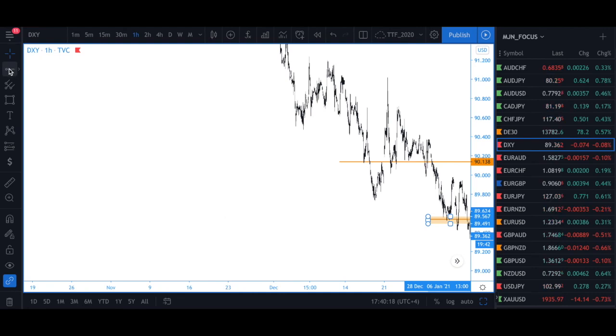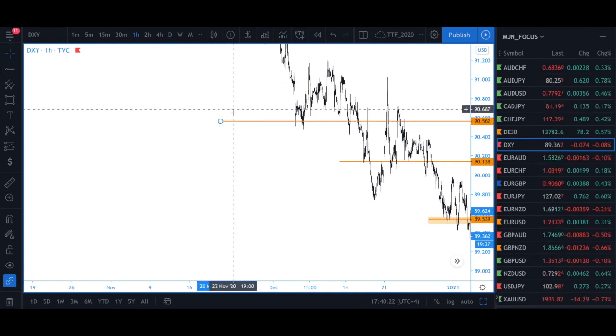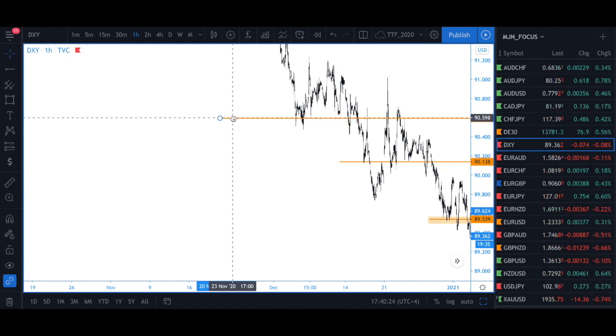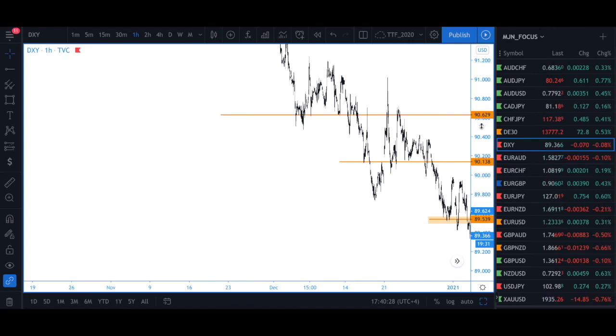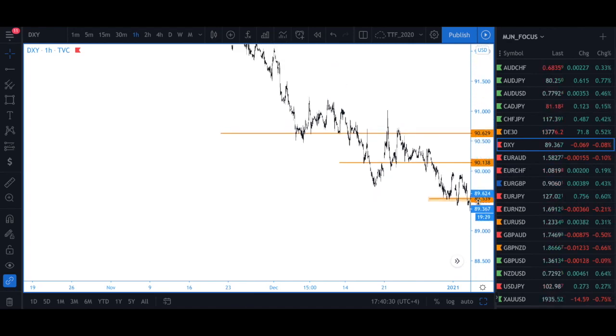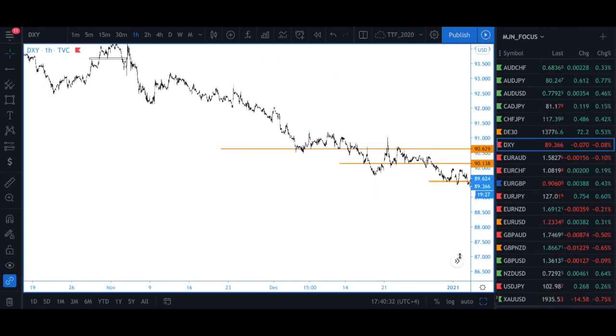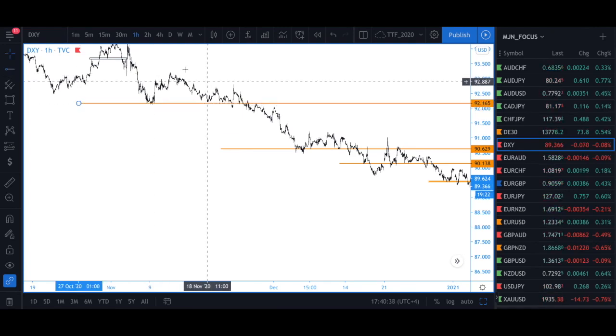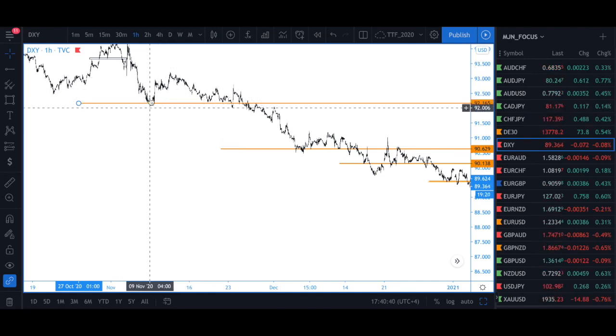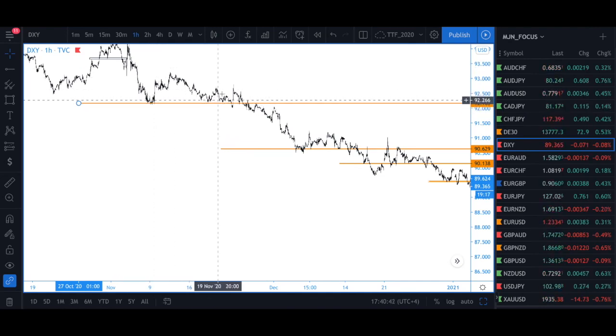We can see again how many times it rejected this level over here. Let me redefine that over here. And also we can see a clear level of support over here. The reason I'm drawing these on is because you can see the price rejecting from this level, rejecting again, rejecting again, and so on.